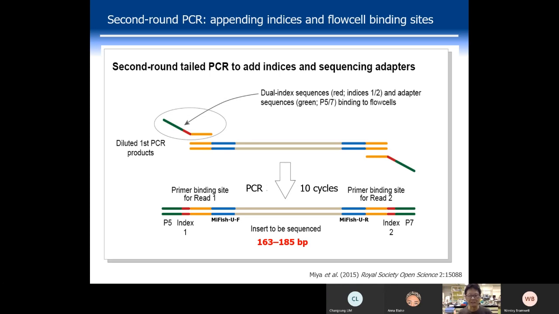The resulting PCR product consists of the region of interest, which can be used for species detection, the MiFish universal primer, and the sequencing primer and index on both sides and the fixed region.